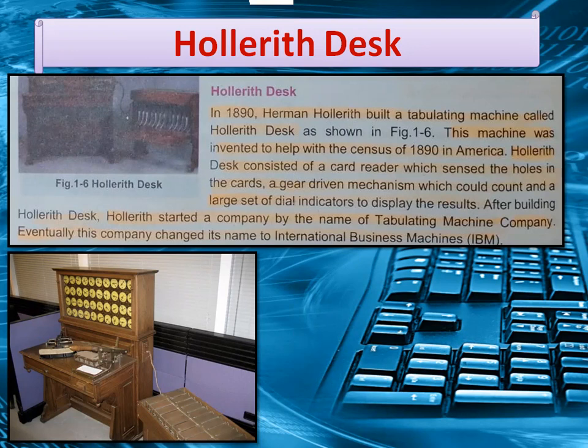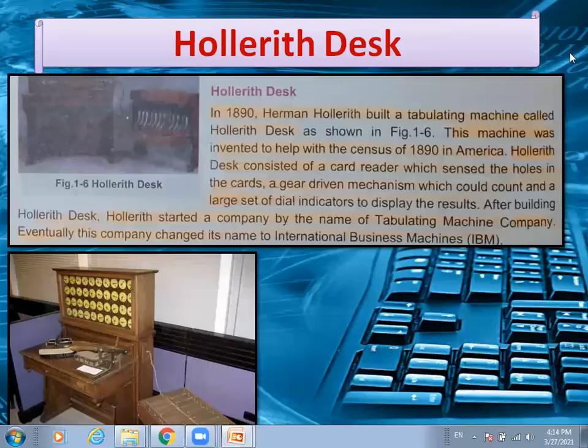This machine was invented to help with the census of 1890 in America. Hollerith disk consisted of a card reader which sensed the holes in the card, a gear-driven mechanism which could count, and a large set of dial indicators to display the results.